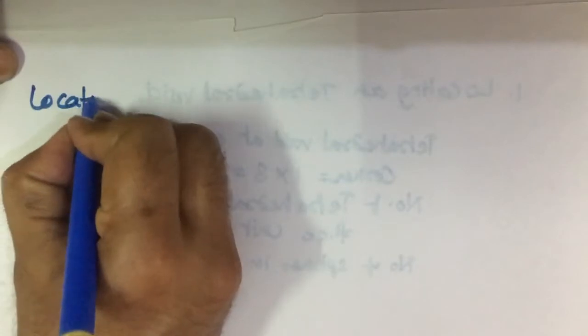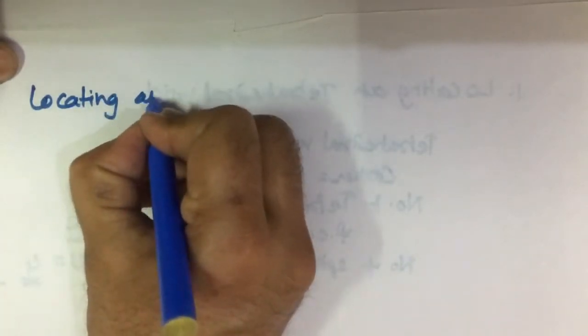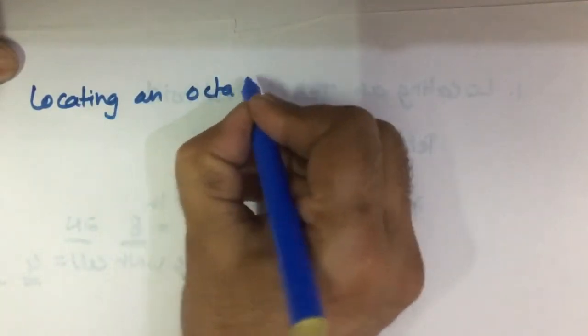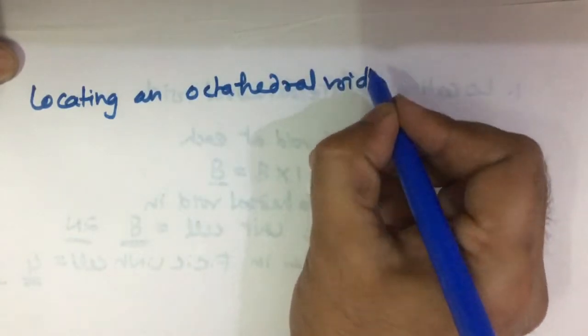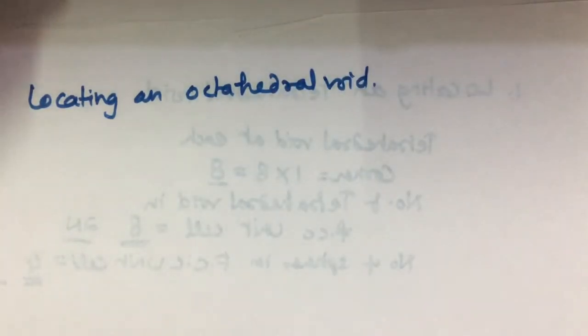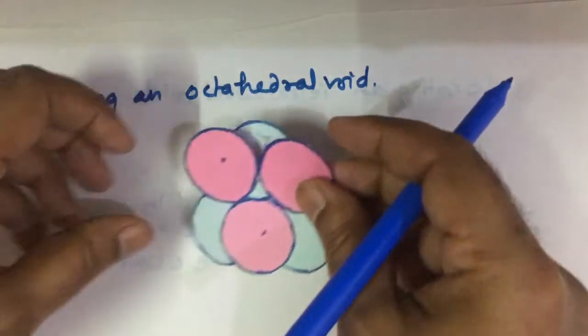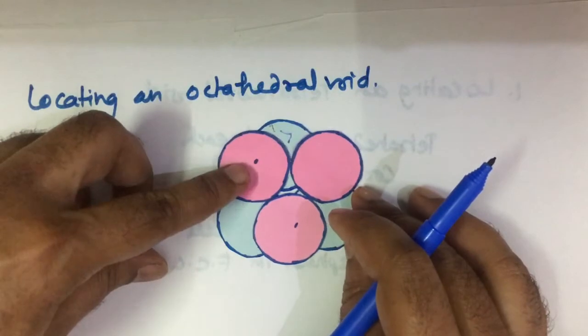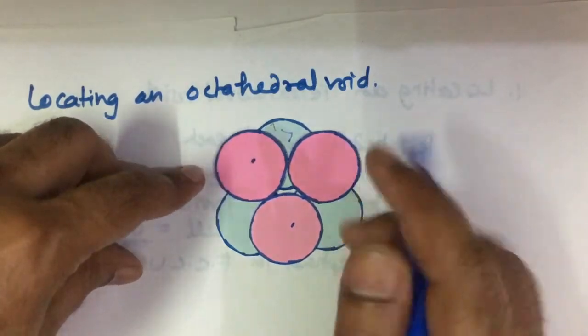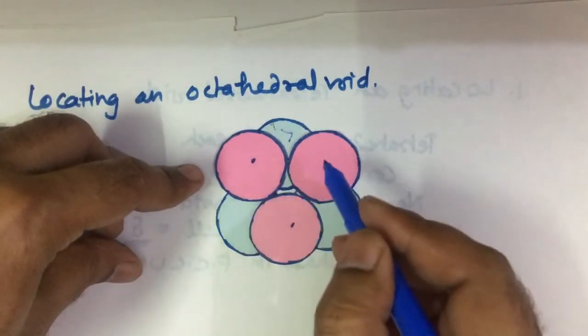Next is locating an octahedral void. Now octahedral voids are formed by 3 planar spheres in this direction and 3 in the opposite direction.